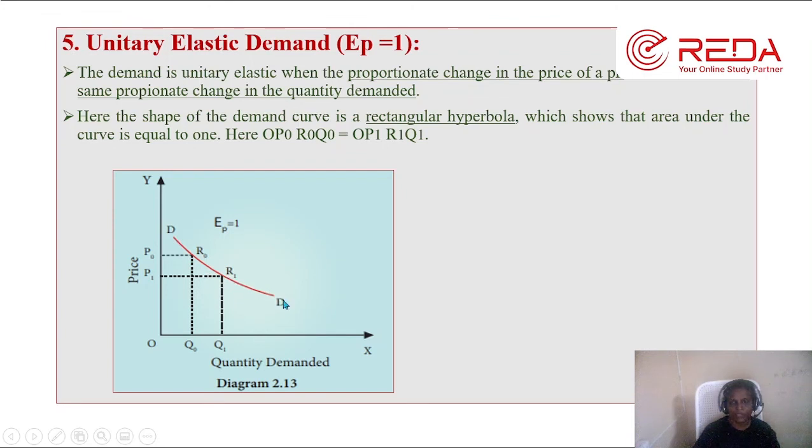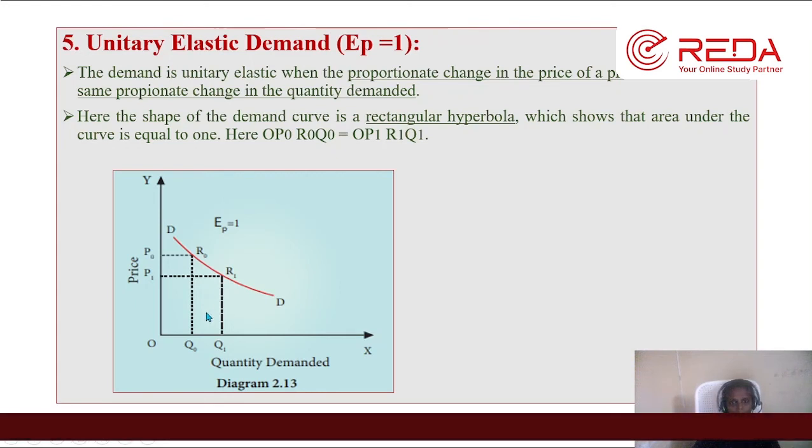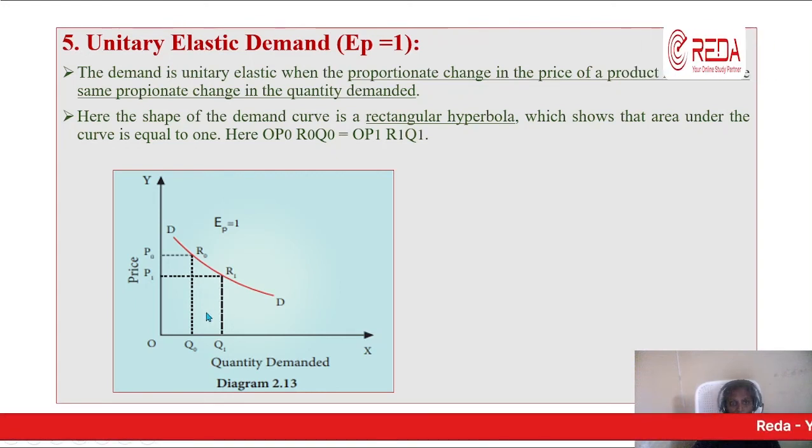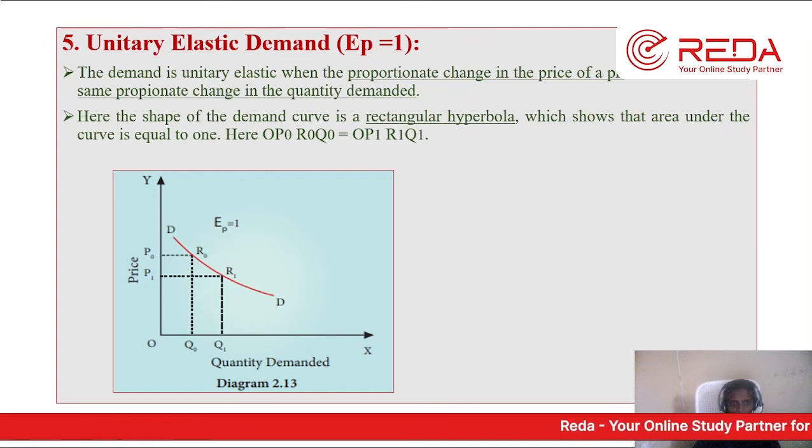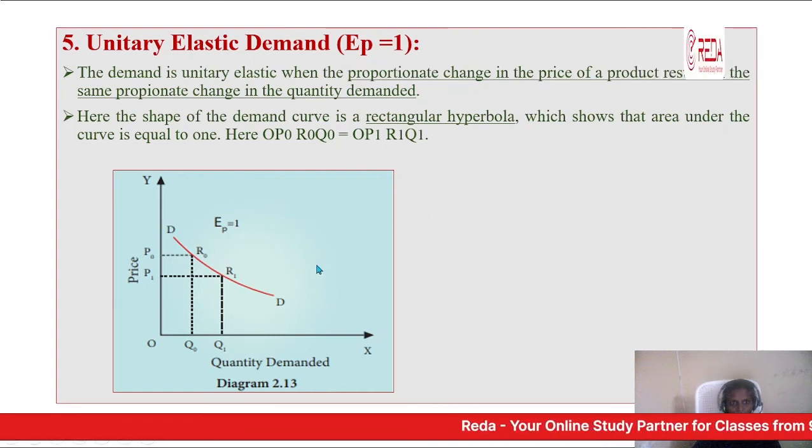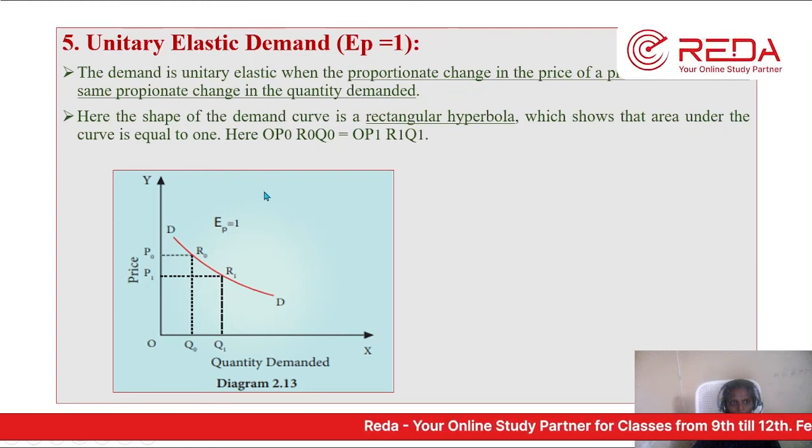DD, the red colour curve. This is a rectangular hyperbola curve, because proportionate changes in the price lead to proportionate changes in the quantity demanded, which we call unitary. Symbolically we write it as EP is equal to 1. This is the main important point here: unitary means there will be the same proportionate changes in the price and quantity demanded.